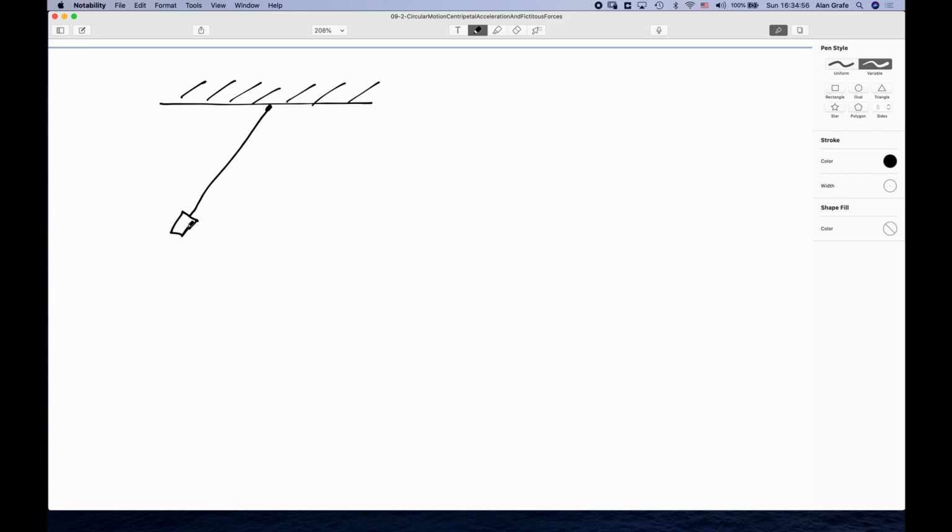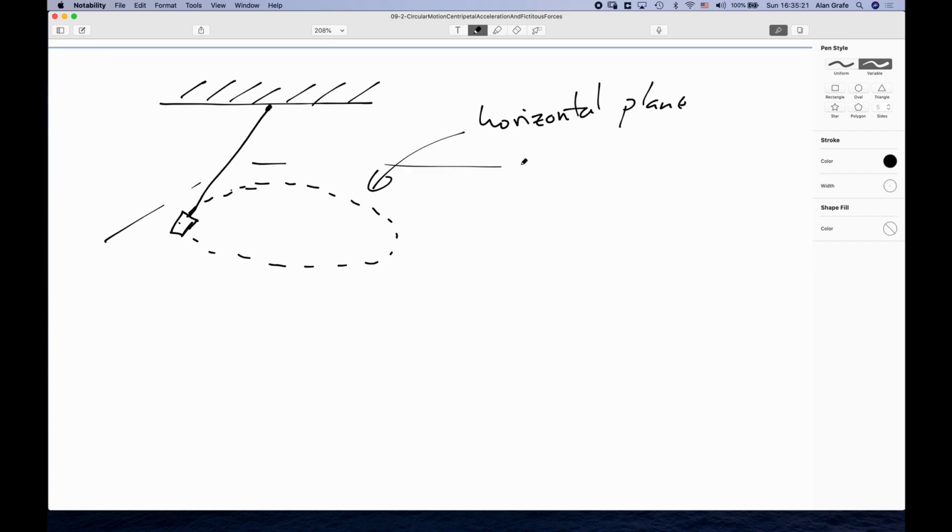What you do is you set it up so that it's orbiting around in the horizontal plane. So this circle here is in the horizontal plane, which is technically in and out of the screen, but I'm trying to draw in 3D. So maybe I will do something like that just to help guide the eye a bit.